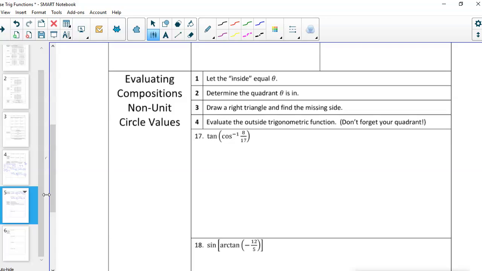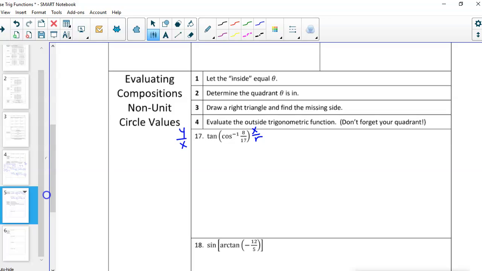So we need to know a couple things. What is the x, r definition for cosine? X over r. What is the definition for tangent? Y over x.